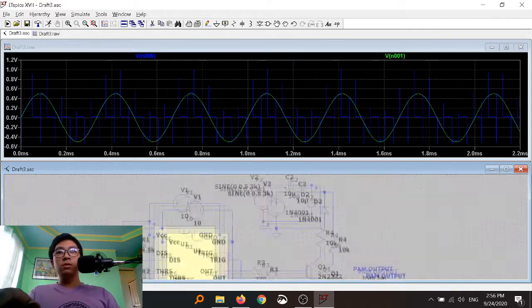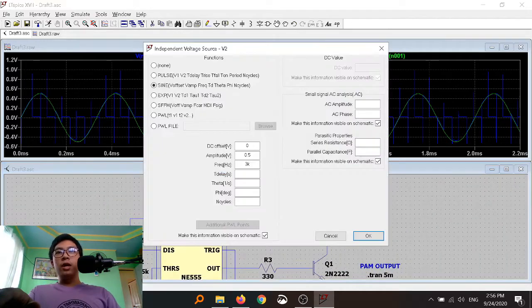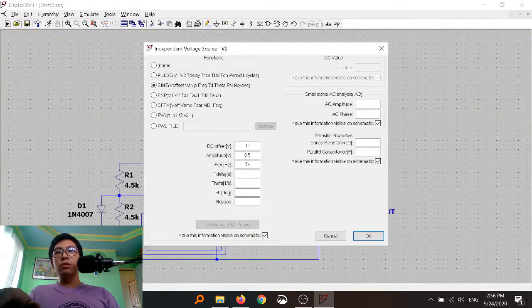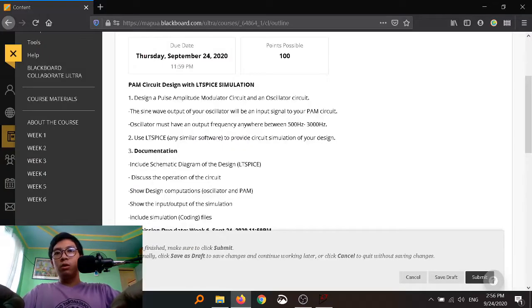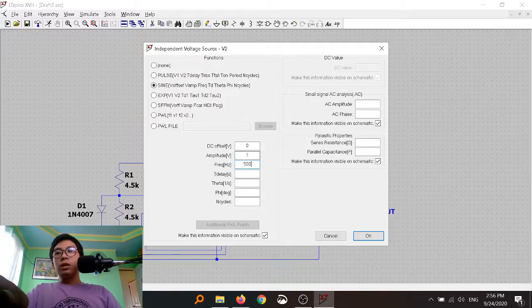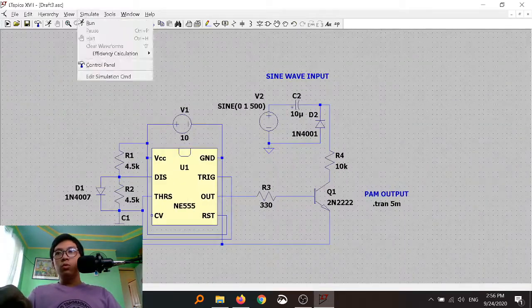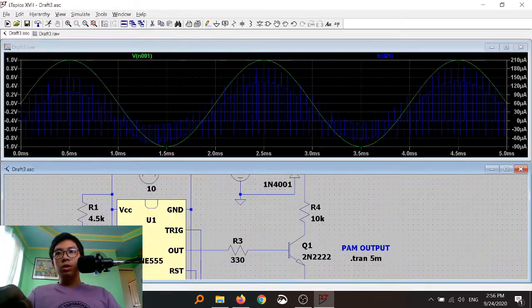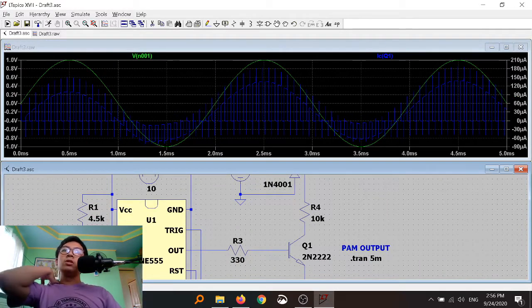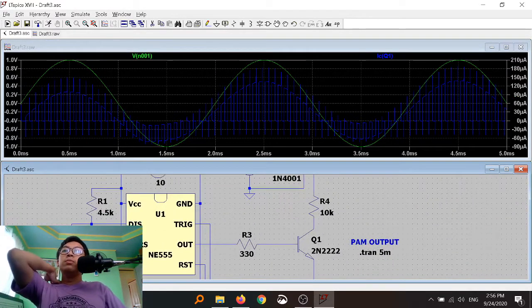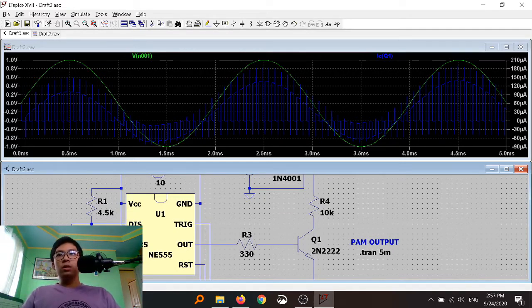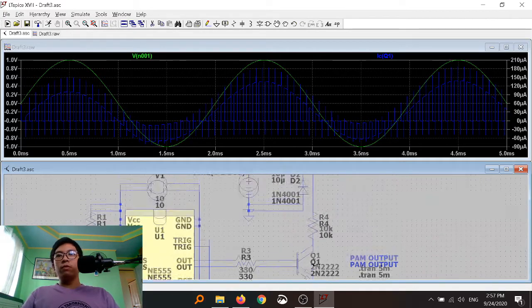It's still the same. But earlier I set the amplitude of the sine wave to 0.5 volts. What about if we get back to the lower frequency, which is 500. If we set the amplitude to 1, we get a result here. So here we have the pulse amplitude modulated output, which does not exactly trace the analog signal, since you can see that its center is at negative 0.4 volts.